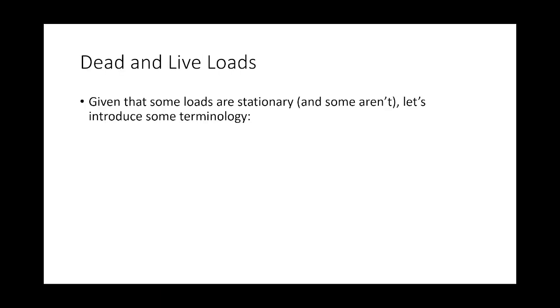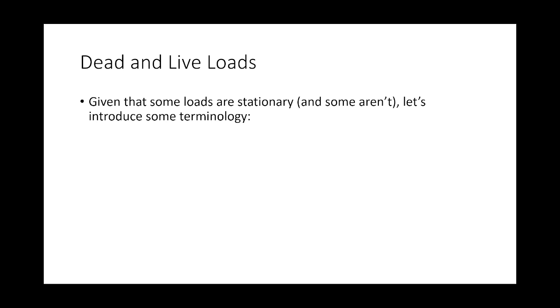Now, if you're okay with that, I'm going to introduce you to some new terms. Next semester in steel design, we're going to get a lot of familiarity with these two terms: dead loads and live loads. We are going to handle them in a much simpler fashion in steel design than we do here, because in steel design we're focused on the design, so we won't deal with the analytical complexity that we do here.